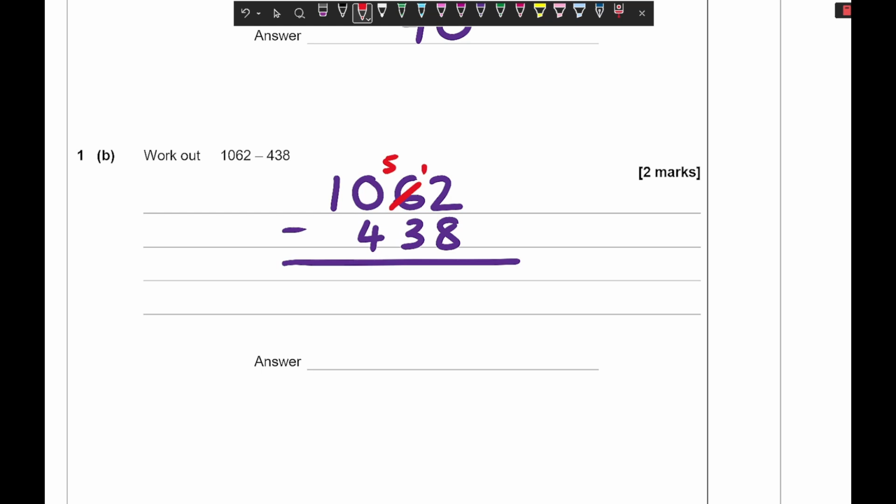So here I've got 12 minus 8, which leaves me with 4. 5 take away 3 is 2. 0 is smaller than 4, so I need to borrow 1. And then 10 take away 4 gives me 6, so the answer is 624.